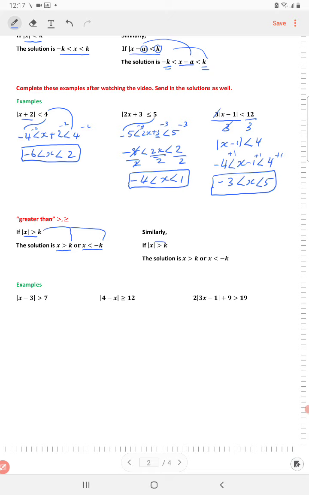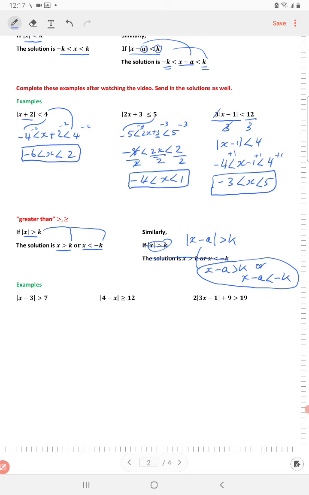And this should have been changed as x minus a. So let's fix that. Okay, so then the solution would be x minus a greater than k or x minus a less than minus k. So you can fix that yourself. That's what it should be there. I forgot to change it.